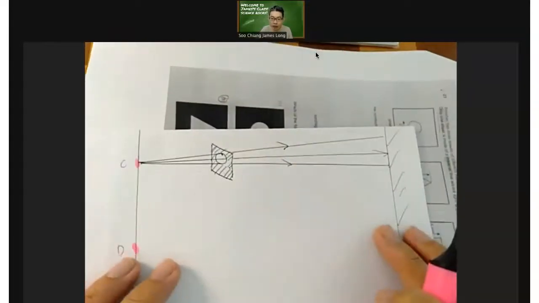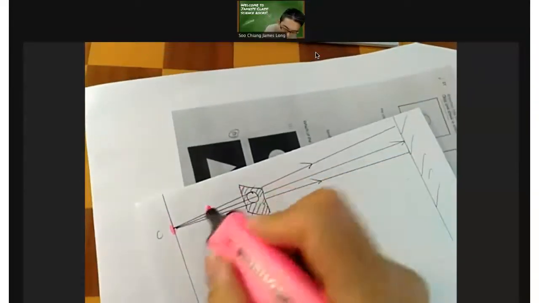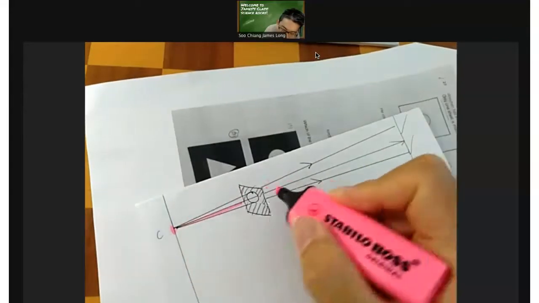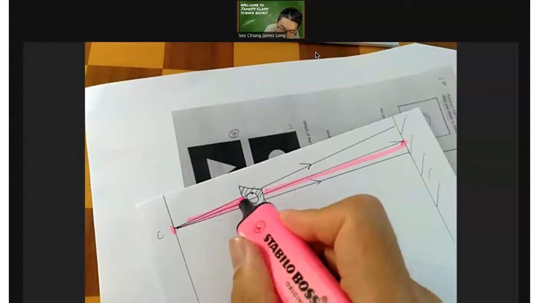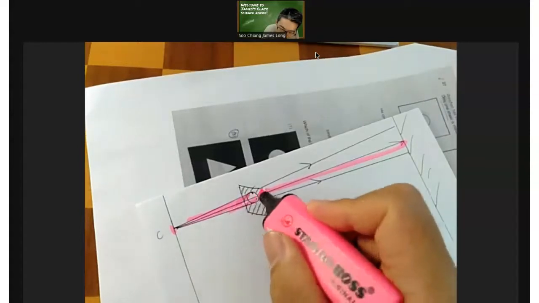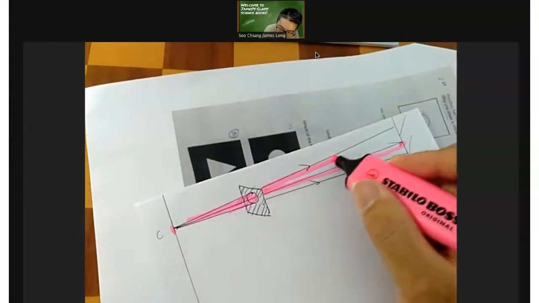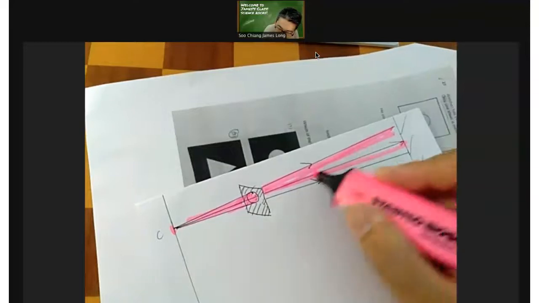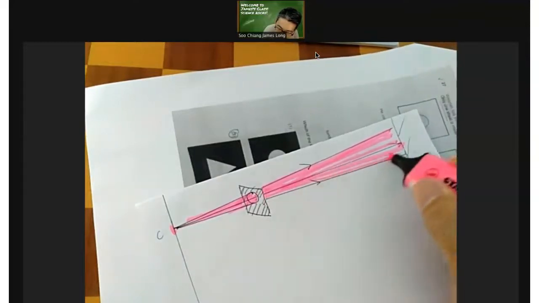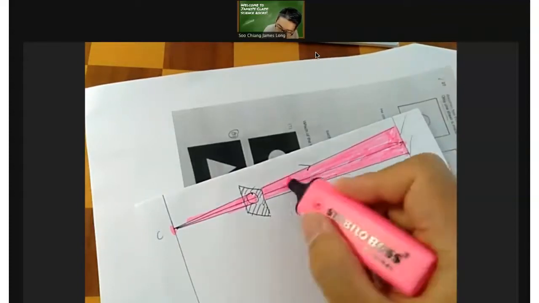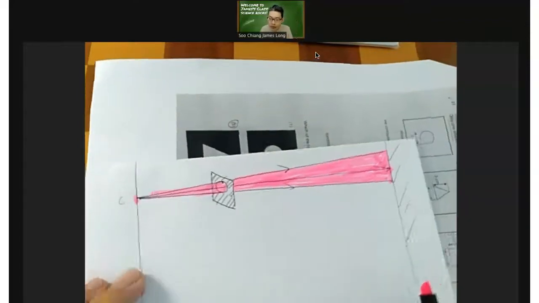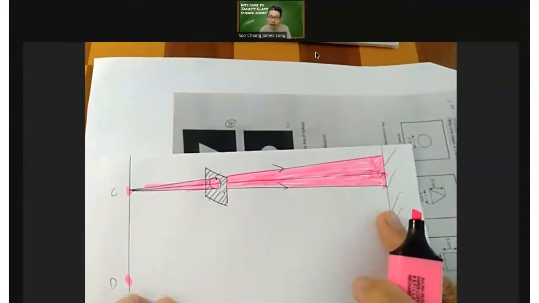Now in this case, the light that passes through will actually be all the parts inside here. Okay, that's why you actually see a circular spot.